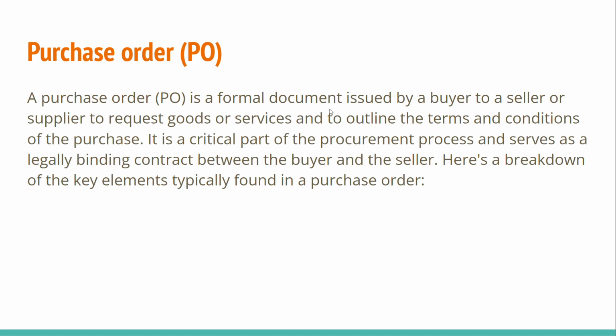Purchase order, PO. A purchase order is a formal document issued by the buyer to a seller or supplier to request goods or services and outline the terms and conditions of the purchase. It is a critical part of the procurement process and serves as the legally binding contract between the buyer and seller. Here is a breakdown of the key elements typically found in a purchase order.